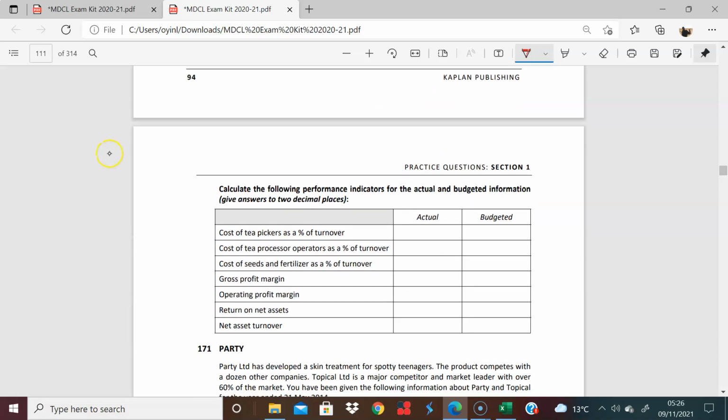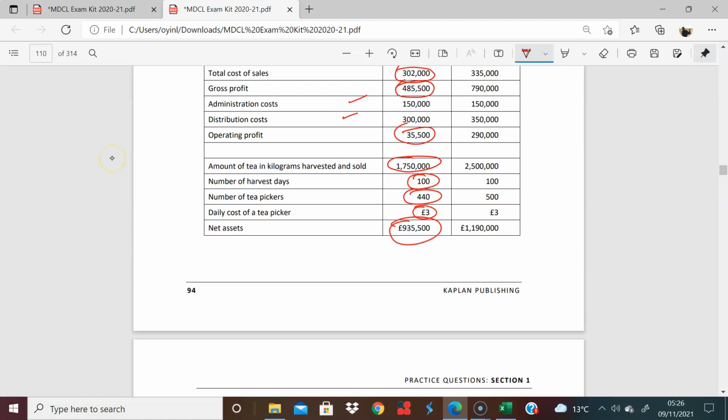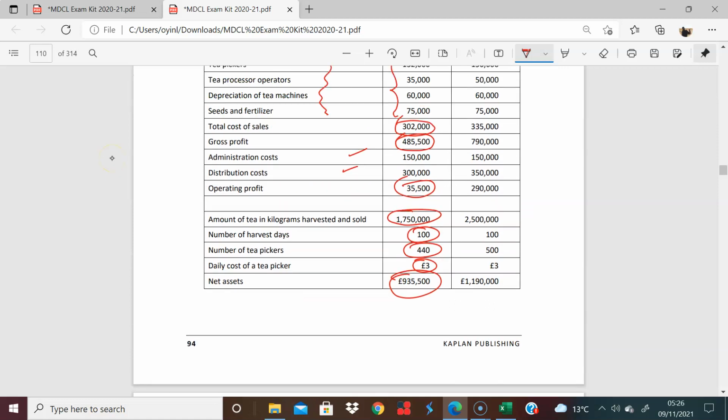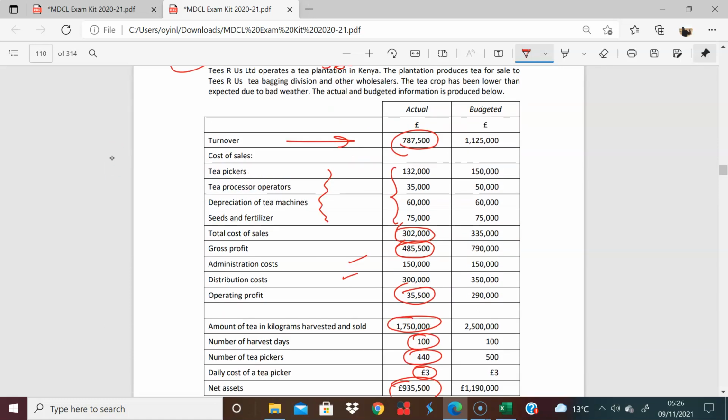And then they ask you to just literally perform a series of ratios. They ask you cost of tea pickers as a percentage of turnover. So here we are, tea pickers, that's your cost as a percent.